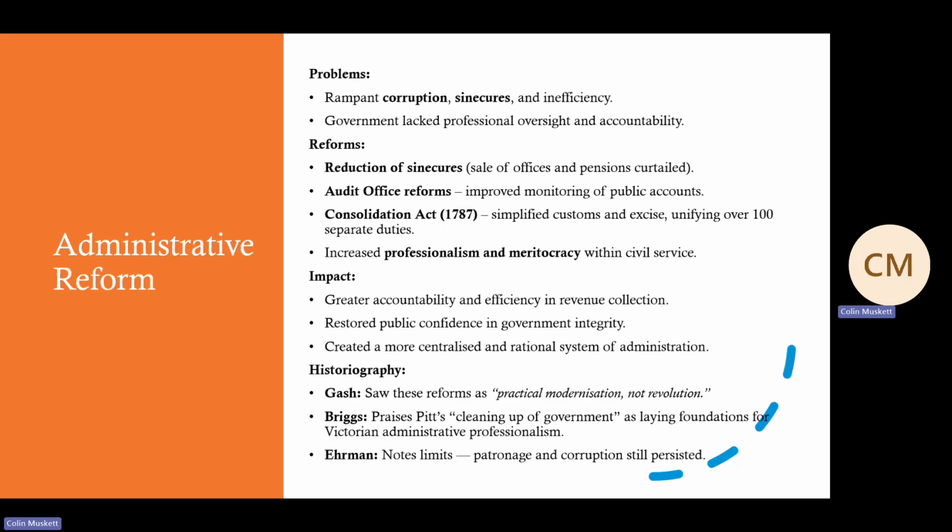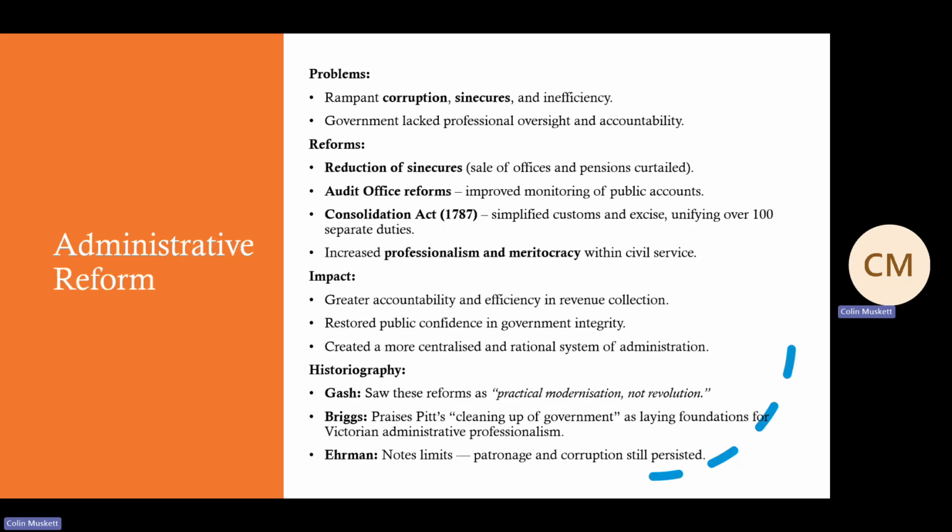It's almost like you hand out a very broad portfolio to someone. It doesn't even put them on the front benches. It's not even really a ministerial position, but it's a way of buying support. And that's just one example of the scale of corruption and waste that was going on at the time.